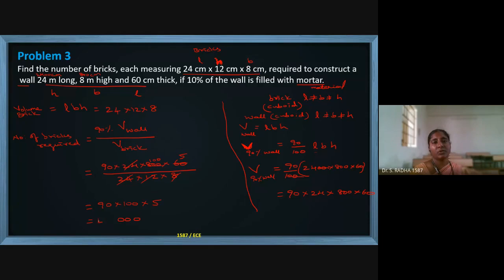So 45,000 bricks are required. Number of bricks equal to 45,000 bricks are required to build 90% of the wall. Okay, this is about the calculation.